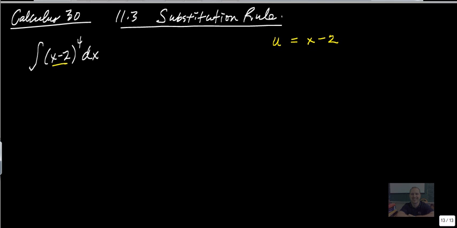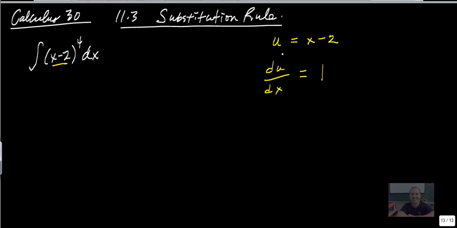Okay? And so the derivative of u with respect to x is what? What's the derivative of this? 1, right? Derivative of x is 1. Derivative of negative 2 is 0. So 1 minus 0. Okay? So the derivative is 1.